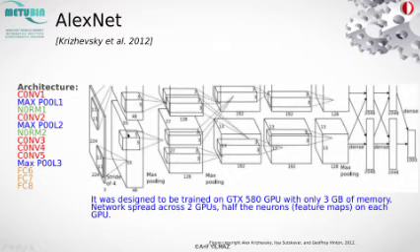So let's inspect the first convolutional layer. They used 11 by 11 convolutional filters, and the number of filters was 48. So they obtained 48 output maps, convolutional maps here.